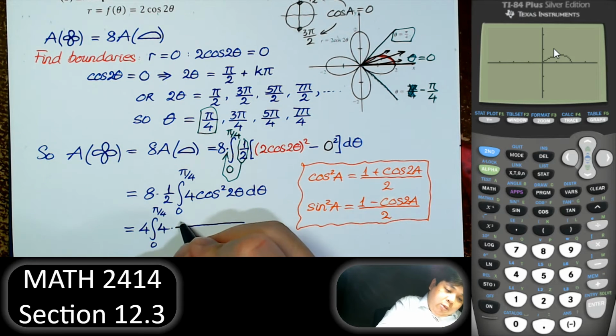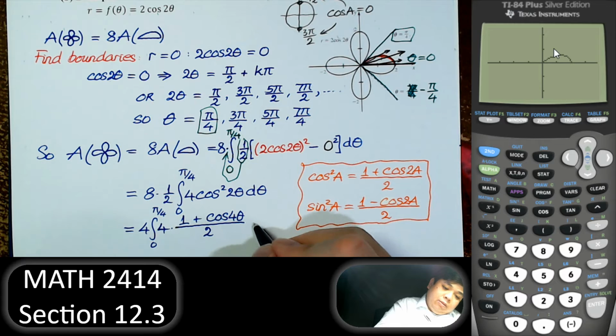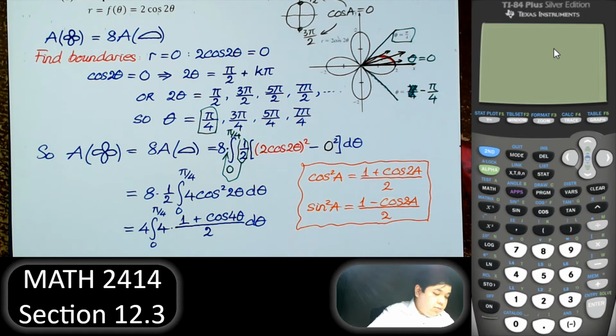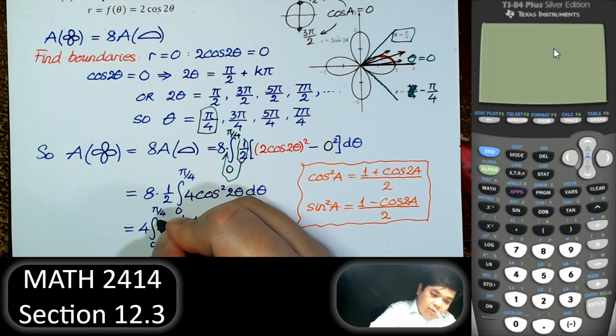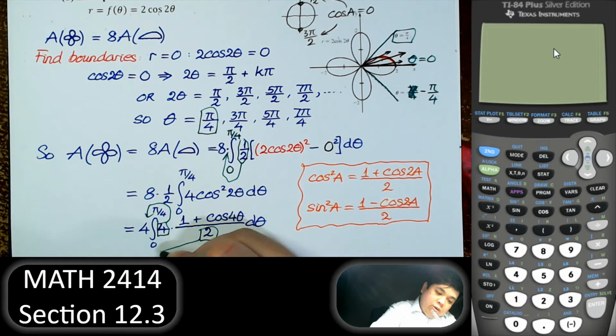So we have 1 plus double the angle, 2 theta becomes 4 theta, then divide by 2, d theta. Right. Now take all the constants on the outside.